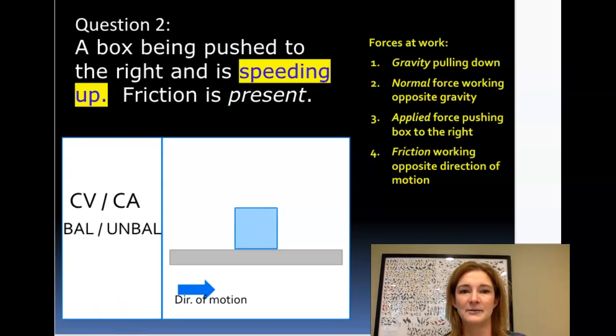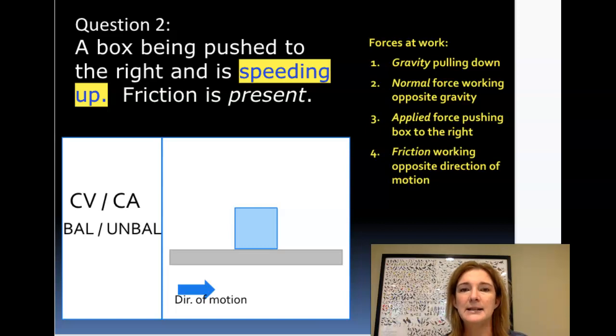Question 2. Okay, here we go. A box being pushed to the right and is speeding up. Friction is present. On the diagram here, they've included a little arrow showing us which way the box is moving. So let's start with these choices over here.